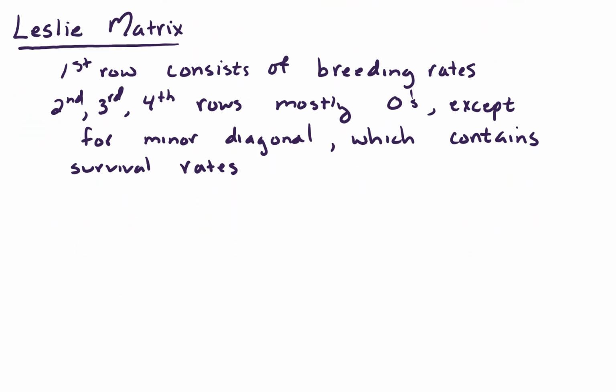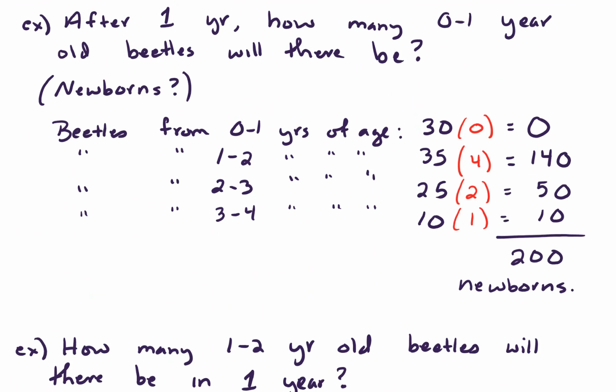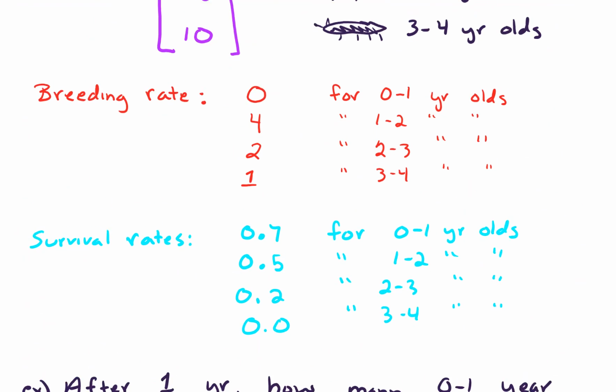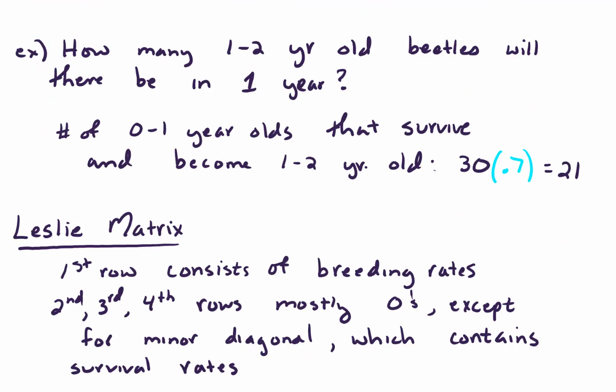So our Leslie matrix, we're going to call it L. It's going to have 4 rows and 4 columns. The first row is going to consist of our breeding rates. So if we scroll back up, our breeding rates, way up at the top here, were given as 0, 4, 2, and 1. So let's put those into our matrix.